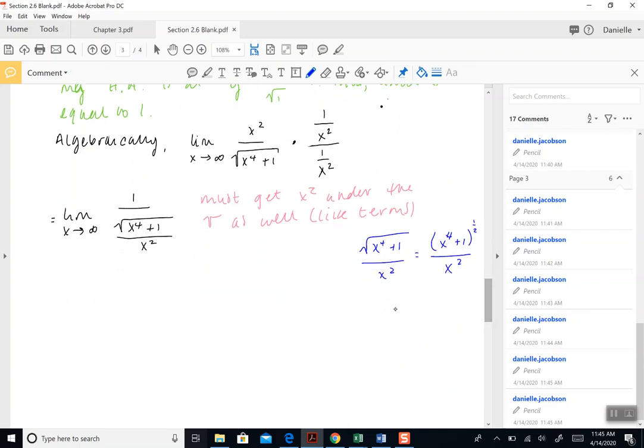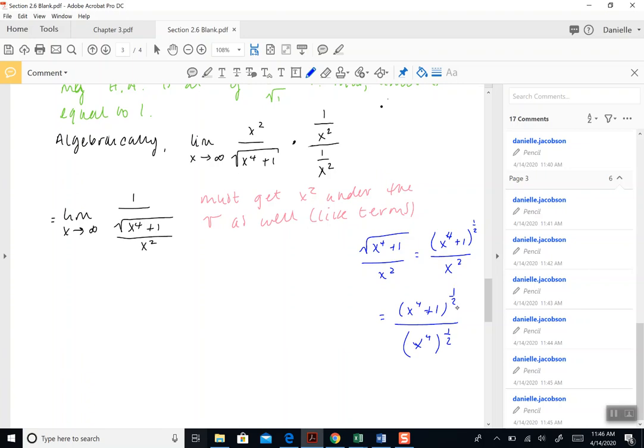However, I could write this as x to the fourth plus 1 to the 1/2 over x to the fourth raised to the 1/2. Properties of exponents tell us when we have a power raised to a power, we can multiply the exponents. Well, 4 times 1/2 is in fact equal to 2. So these are equivalent statements.